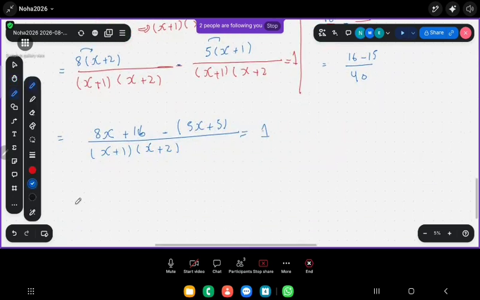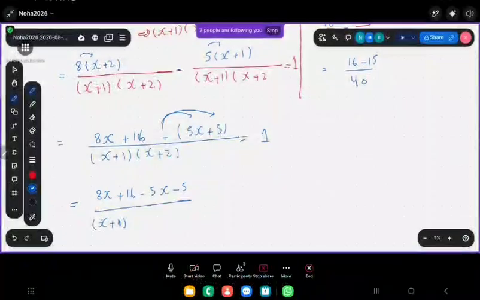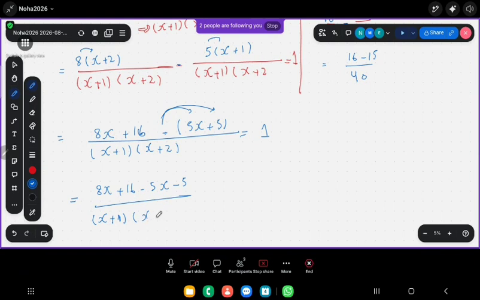Don't forget equal 1. Then 8x: ignore the denominator, you don't have any work with the denominator now. Look at the numerator, 8x plus 16, and distribute this negative: negative 5x, negative 5, over the same denominator, x plus 1 multiplied by x plus 2.